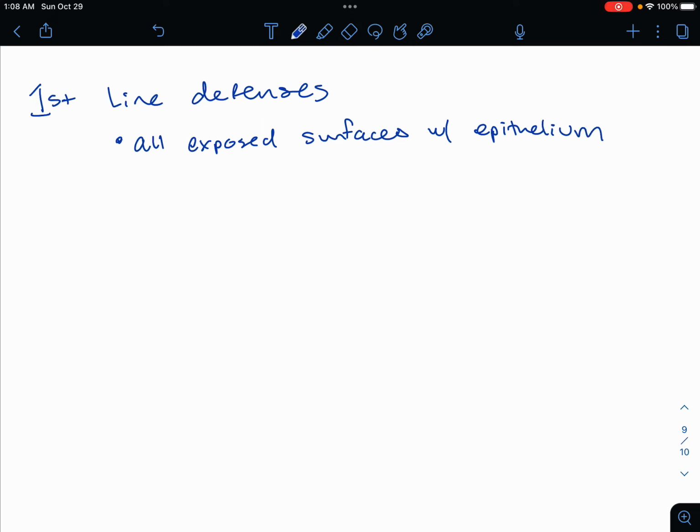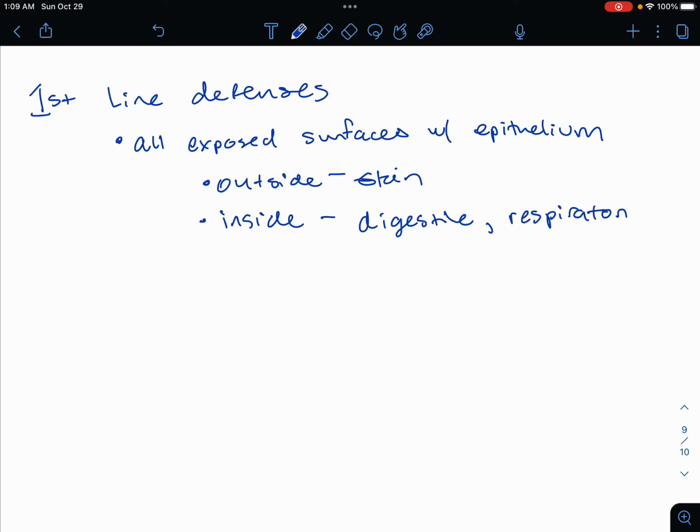That would include the borders being outside or inside the body, so outside would be the skin, and then inside, these first line defenses would be the digestive tract, as well as the respiratory tract. So these are going to be, again, our first line defenses. They all need epithelium.